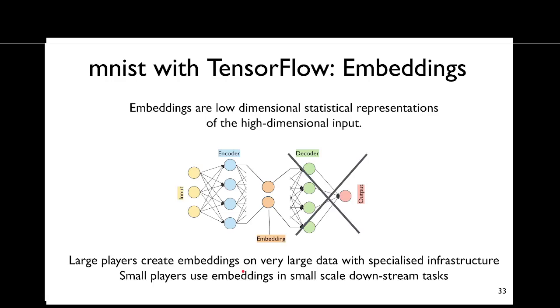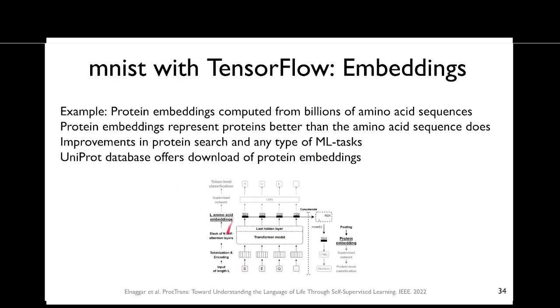And one example of this I mentioned already earlier, that is now widely spread in bioinformatics. So instead of representing amino acid sequences by amino acid sequences, you can work with their embeddings. There are websites with databases where you can download these embeddings for all proteins that you want to work with. And the embeddings are, for many, many machine learning applications, much better representations than the original amino acid sequence.